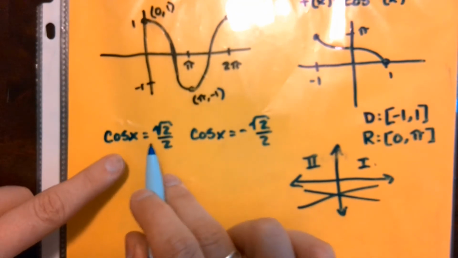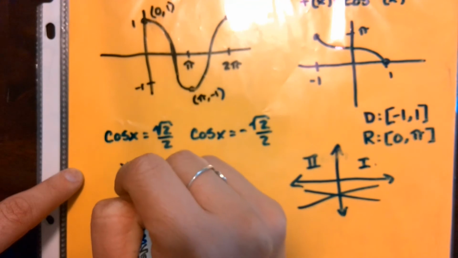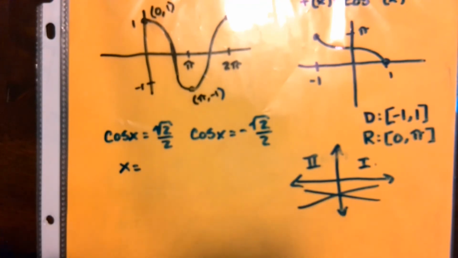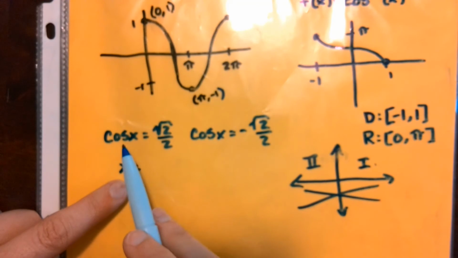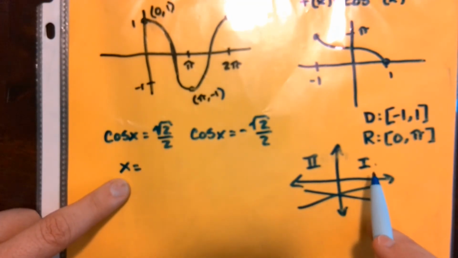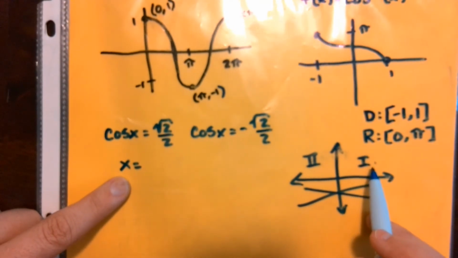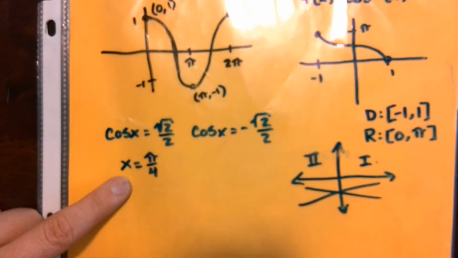And that tells us that when I take the arc cosine of radical 2 over 2, I'm automatically going to be given something in that first quadrant because cosine is positive. So this is going to say just pi over 4 for my answer.